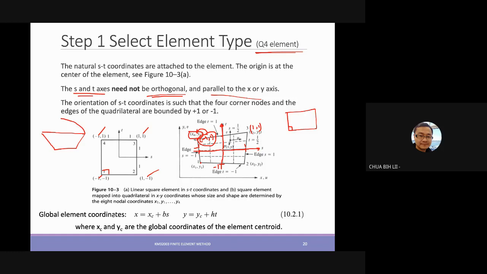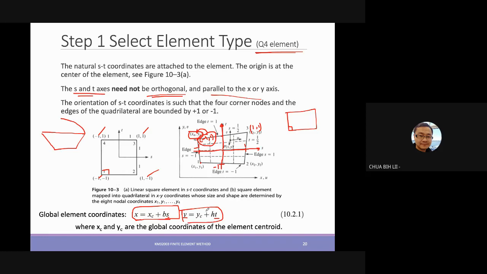So for the global coordinate systems, again, you can always relate them. This is the relations between the S and X, and then for the Y coordinate system, the Y and the T. The idea is still the same like the previous bar element, only add the T coordinate.